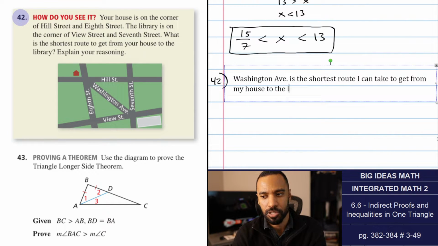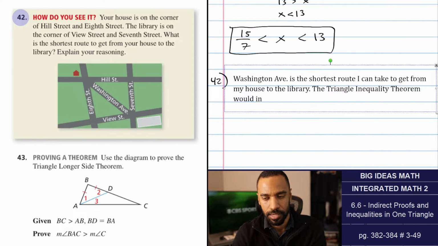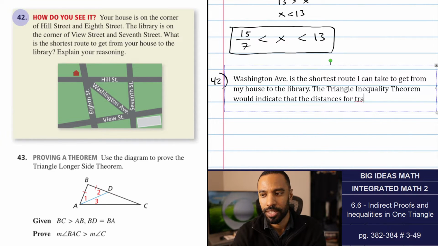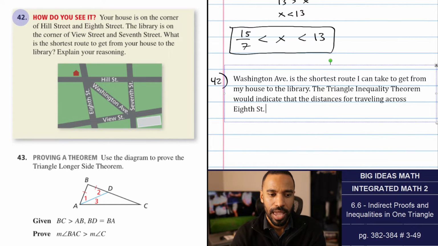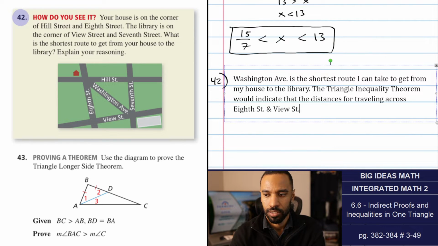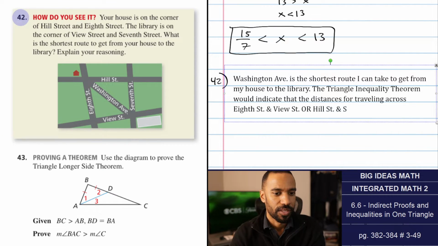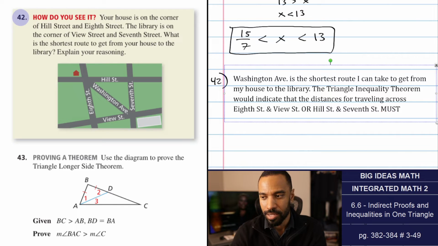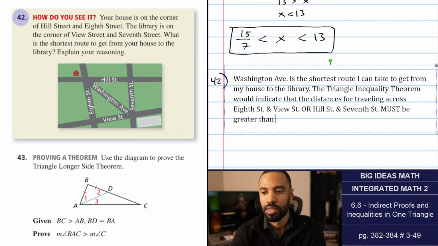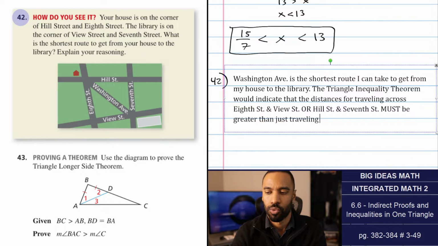Now, as much as you want to say it's because it's a straight shot, I get it, but that goes further into the triangle inequality theorem. The triangle inequality theorem would indicate that the distances for traveling across 8th Street and View Street, or Hill Street and 7th Street, must be greater than just traveling through Washington Avenue.